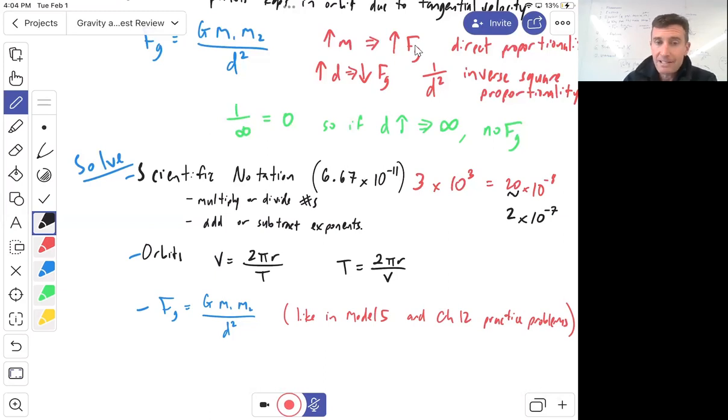And then you're also going to be asked to solve for the force of gravity, just like you did in Model 5 or in the Chapter 12 practice problems, number 15, 17, 18, and 20. So you'll be given the mass of one object, the mass of the other object, the gravitational constant, and the distance between the objects. Remember to square that distance and then multiply and divide, and you're there.